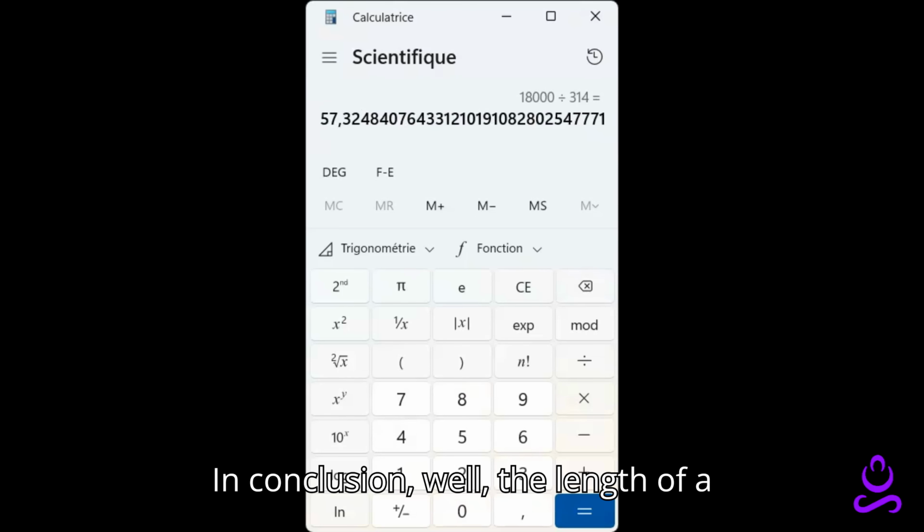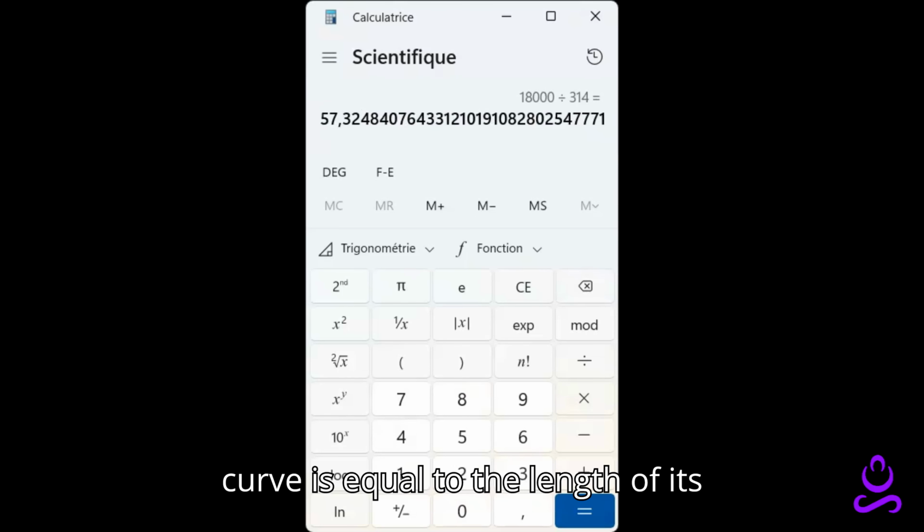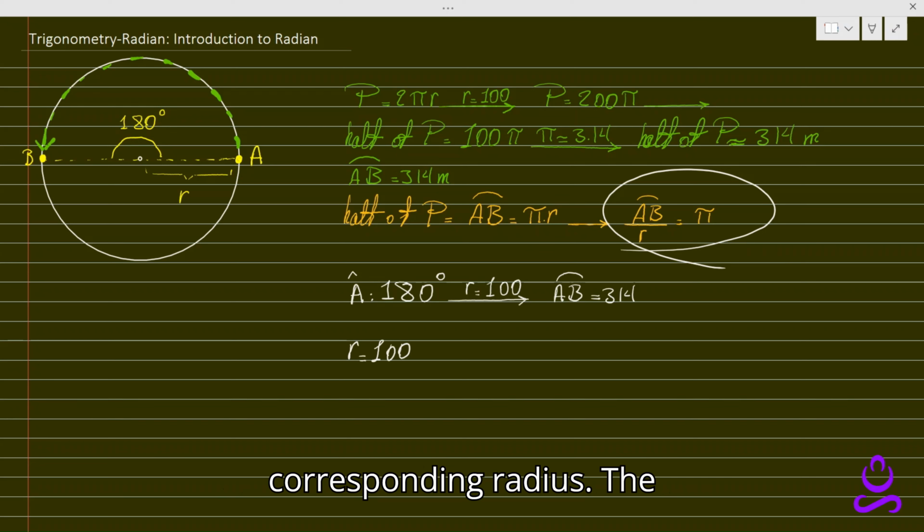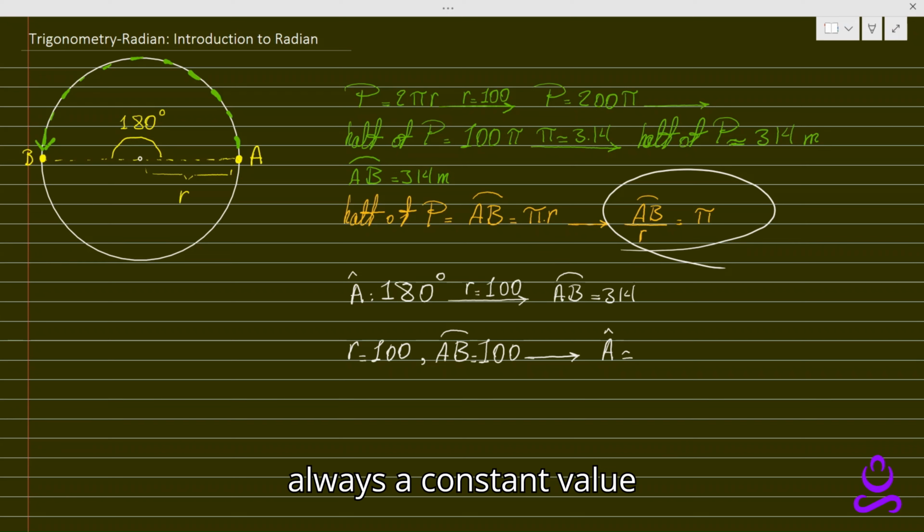In conclusion, when the length of a curve is equal to the length of its corresponding radius, the resulting central angle is always a constant value, approximately 57 degrees.